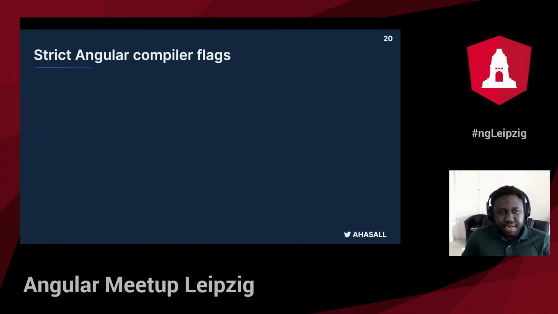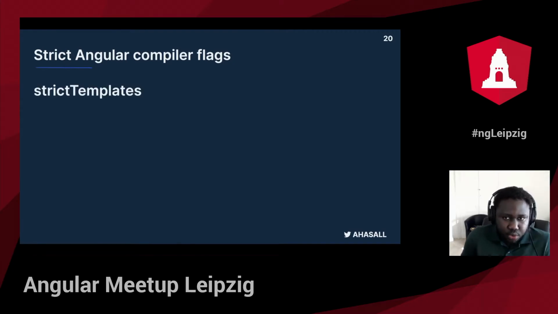The second part of Angular strict mode is strict Angular compiler flags. And the most important one of them is strict templates. What is strict templates? Just like TypeScript does a static analysis of your code, Angular also does the same for your templates. And there are three modes of template checking in Angular.